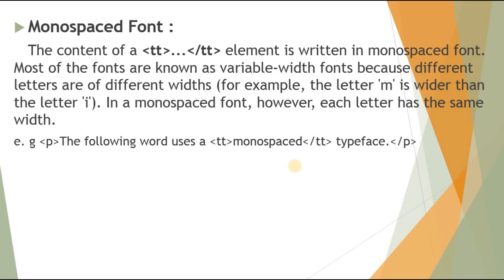For example, the letter M is wider than the letter I. In a monospaced font, however, each letter has the same width. When we use a monospaced font, all the letters will come in the same size. If you want all the letters to be in the same size, then you can use the monospaced font.